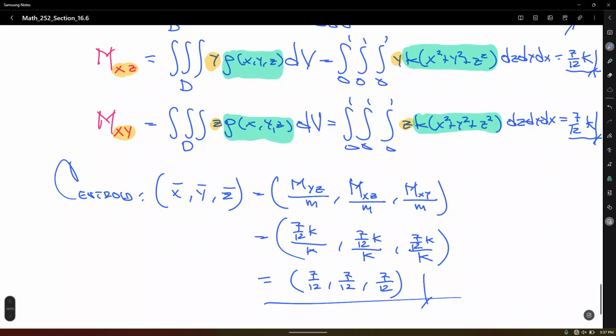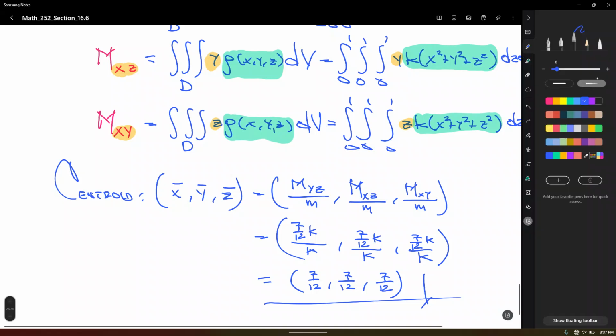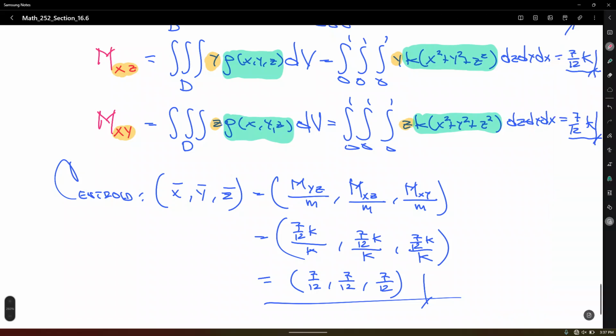And lastly, the z coordinate will be the moment about x and y, which involves a distance z, which is 7k over 12 divided by k. And notice how in this case, all k's get cancelled. Final answer: 7/12, 7/12, 7/12.